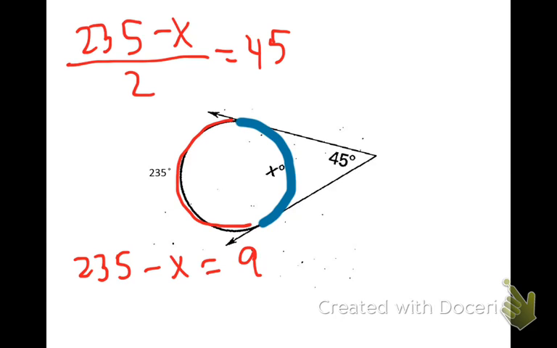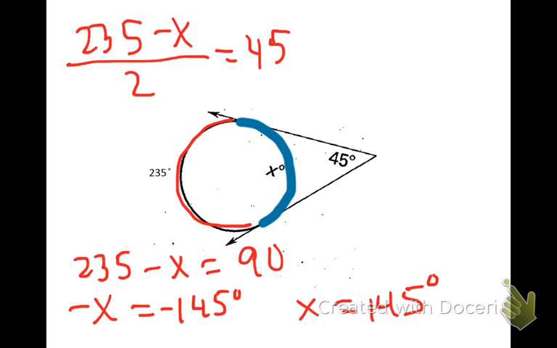I multiply both sides by 2 to clear the 2 as a fraction. Then we solve for x, so we'd move the 235 over, so negative x equals, we subtract 235 from 90, and we get negative 145, and so x equals 145. Any questions there?